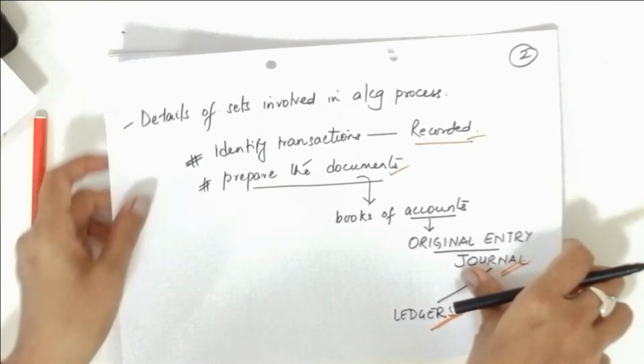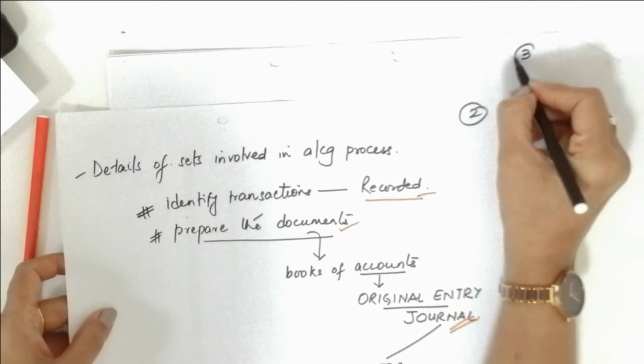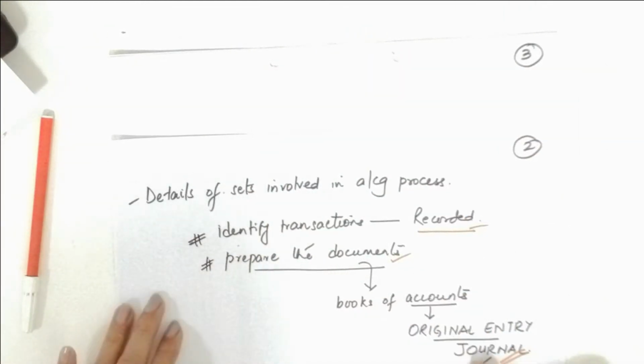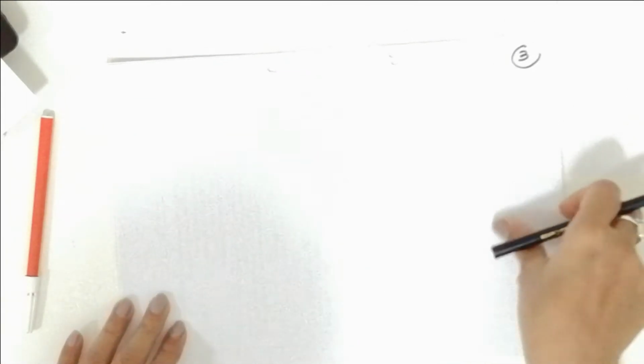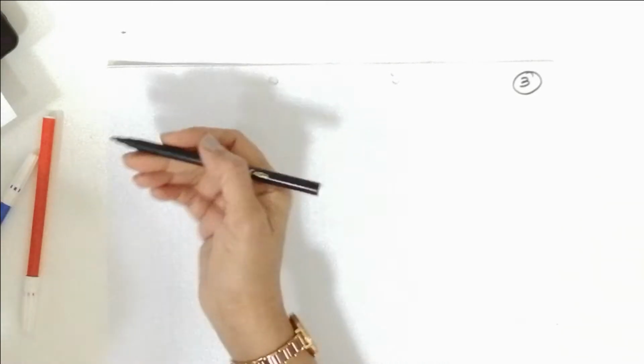Now, if we move in a more systematic manner, here I just told you the summary of it. Now I'll be telling what I am going to complete in 2 sessions. Let me keep this aside.